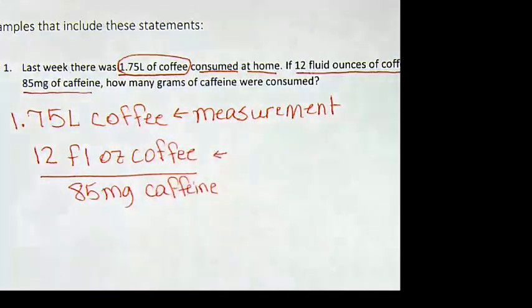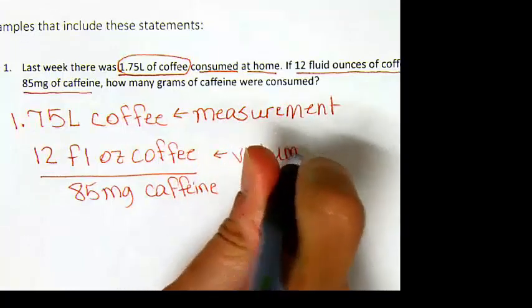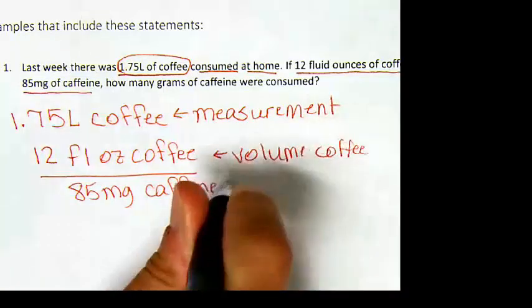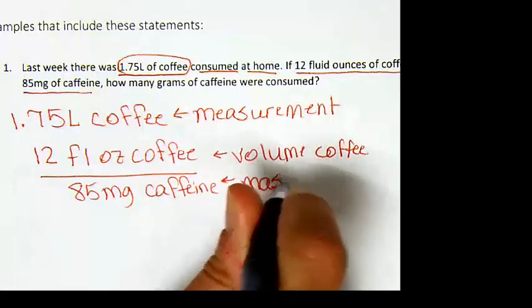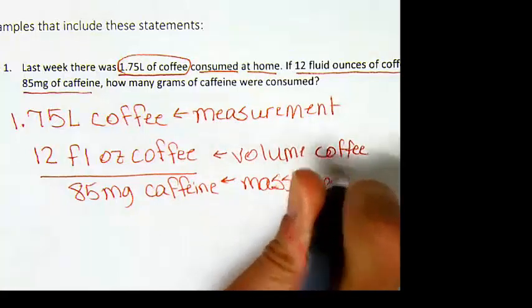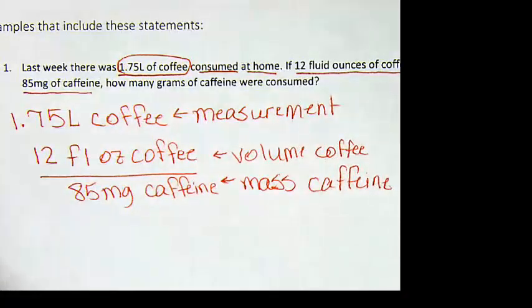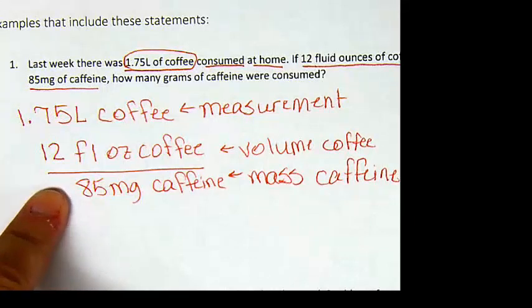So this conversion factor, this is volume of coffee, and this compares it to the mass of caffeine. So this is the measurement. This right here is the measurement. This right here is a conversion factor.